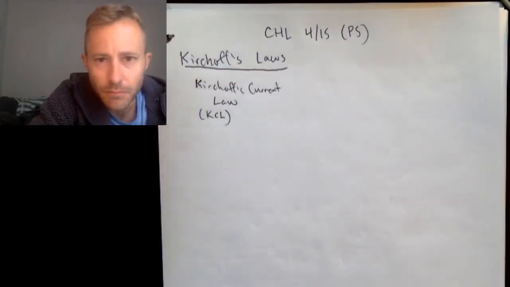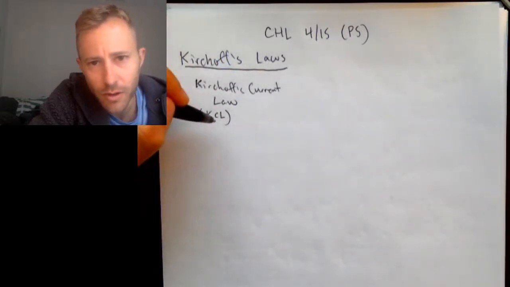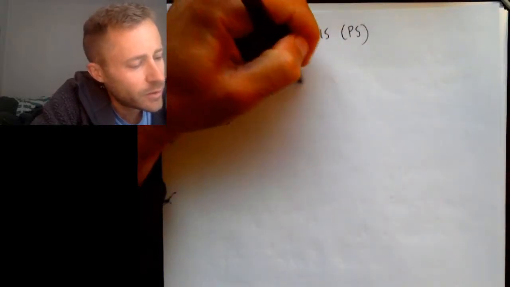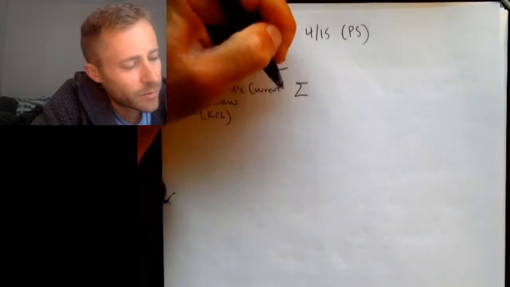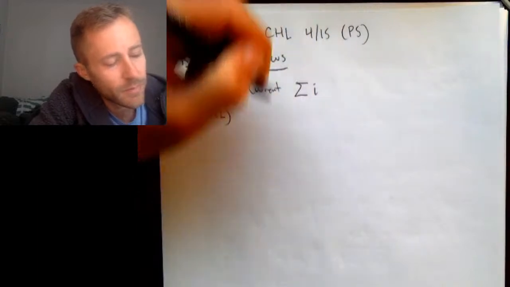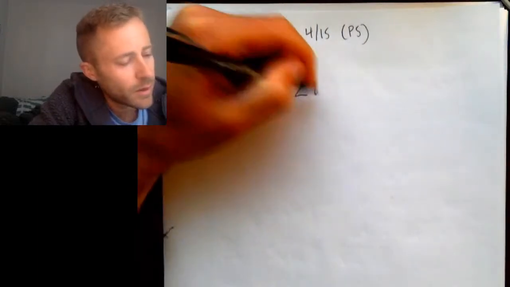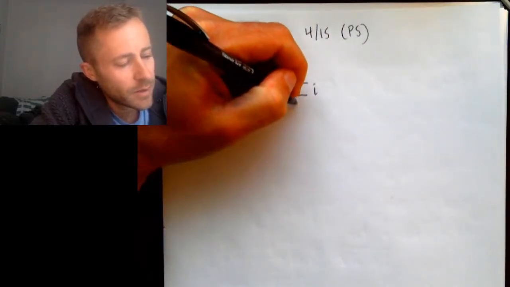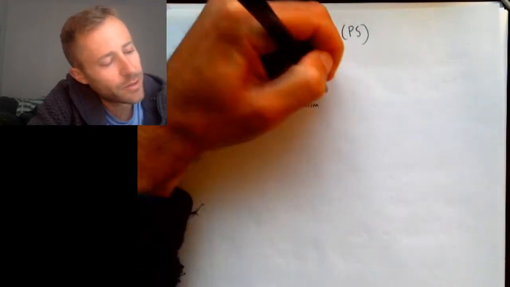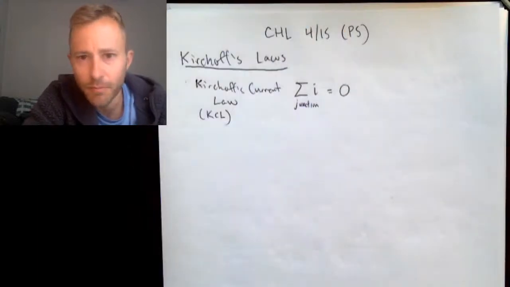Kirchhoff's current law says that the sum of the currents in a junction has to equal 0.